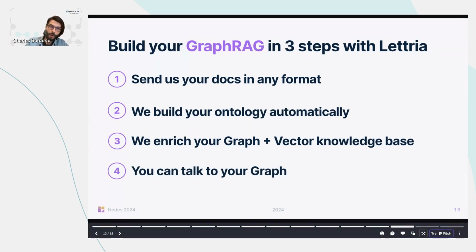So that's basically how we work at Letria and how we can reach that level of accuracy and reliability for answers, which is definitely the main element that I want you to keep from this session. Let's talk about figures, let's talk about accuracy rate, but in the end, what you want is to create a bond between a human expert and the machine, and help them solve their everyday issues and save a lot of time weekly.